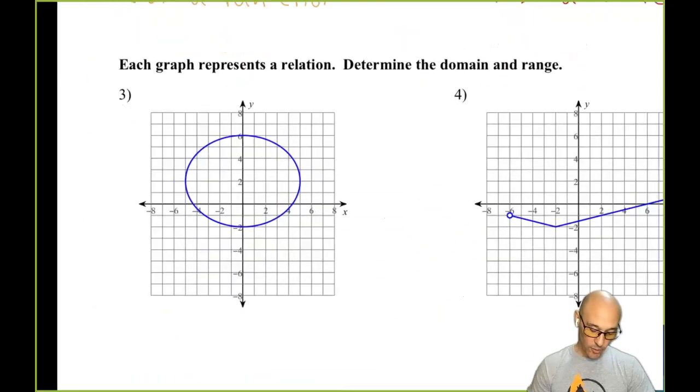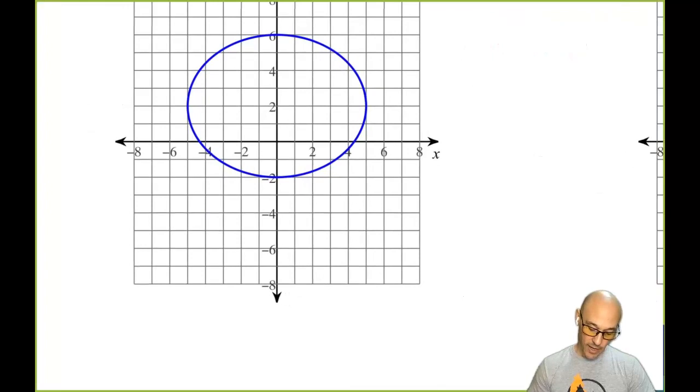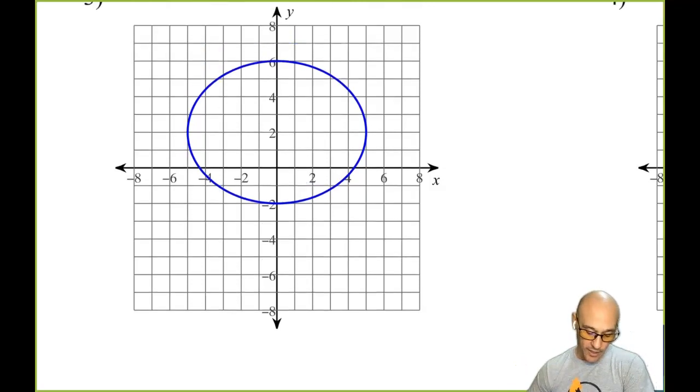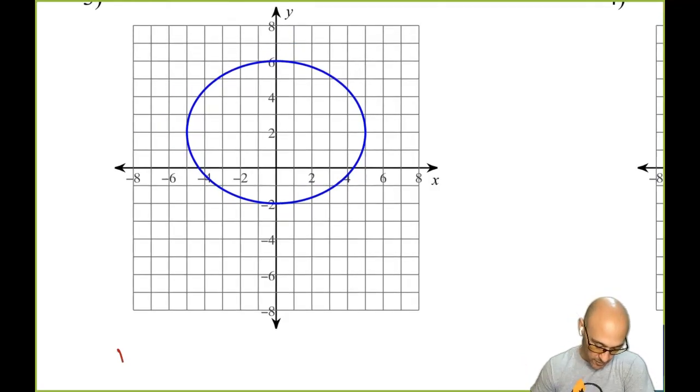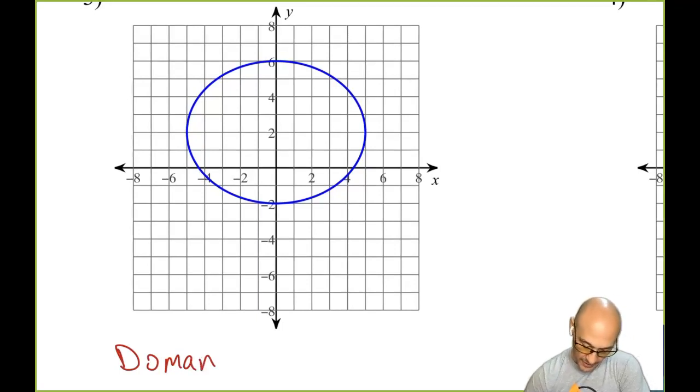These ask us to determine the domain and range. So I'm going to see if I can demonstrate one way to think about the domain and range here. I've never really done it like this, but I'm just noticing it might be nice.